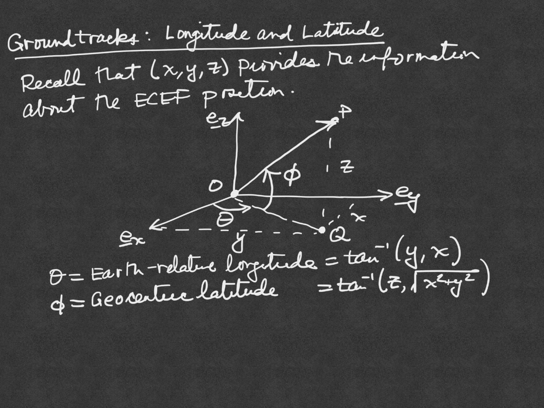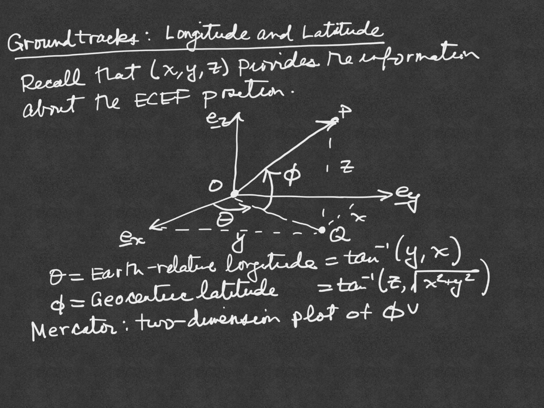Now, you can visualize these two quantities on what's called a Mercator. A Mercator is a two-dimensional plot of phi versus theta. Although I don't have a lot of room on this slide, you don't really need a lot of room for it.